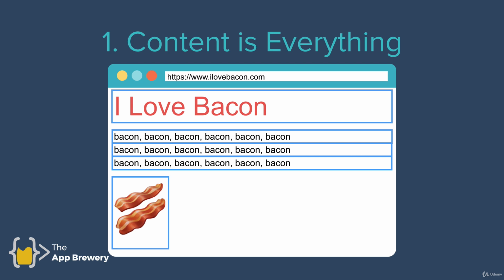So if you have a really super large font for your H1 or for your paragraph, then that box model is going to take up a lot more height than if it was a smaller font. So your content is the first thing that determines how large things get displayed and what the height and the width will be. And this is despite any CSS.